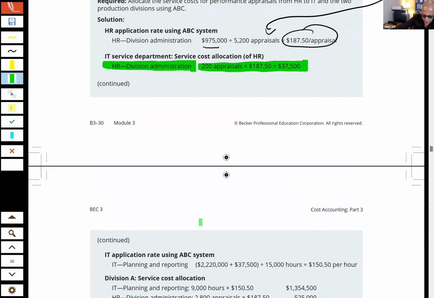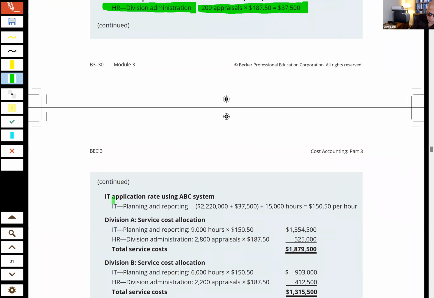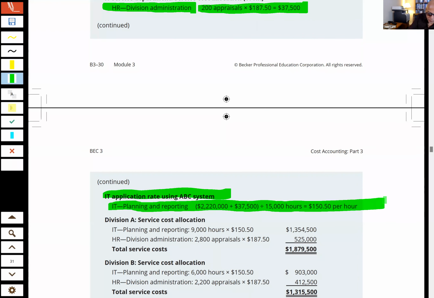Okay, and then we go ahead and take the total for the IS, and it's not only the 2,200,000 we saw in the first example, but now we're bringing in that additional 37,500. Divide that by the 15,000 hours that were used as the driver for IS. Okay, and then we apply that rate, that 150.50.